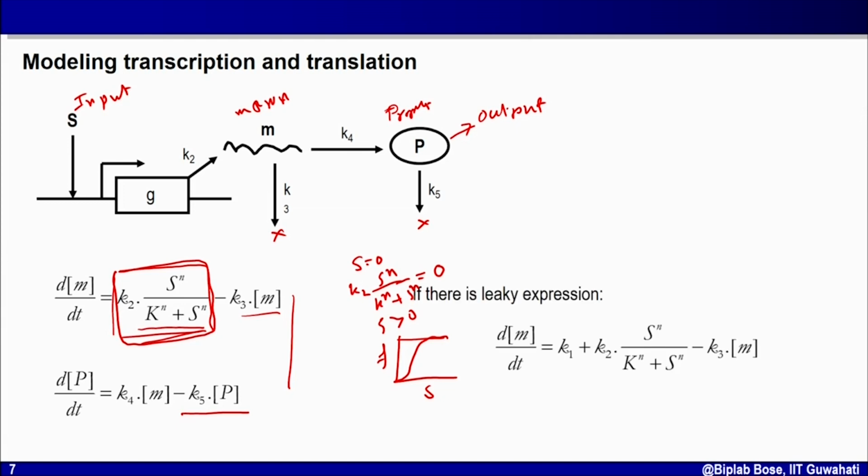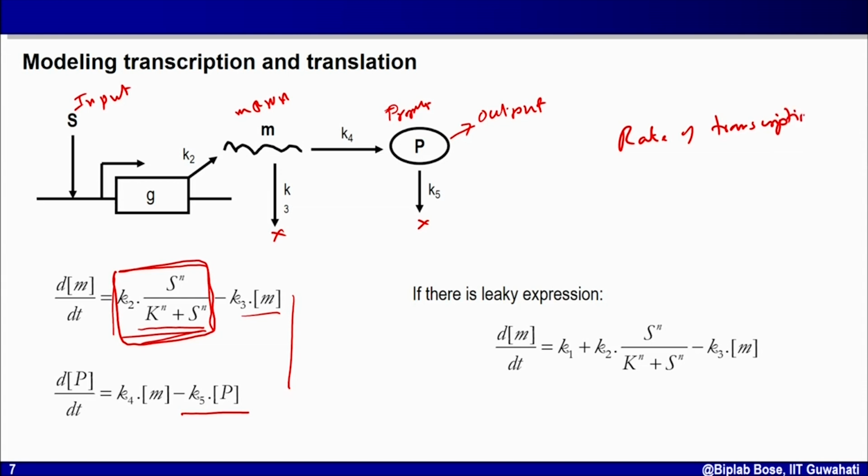Now we have to remember one critical issue here. Let us clean this part a bit so that you can see it clearly. If I consider the rate of transcription equal to nothing but K2 into S to the power n by K to the power n plus S to the power n, the way I have done here, then when S equals 0, the rate is also 0.